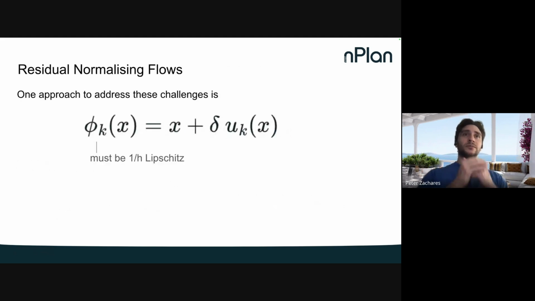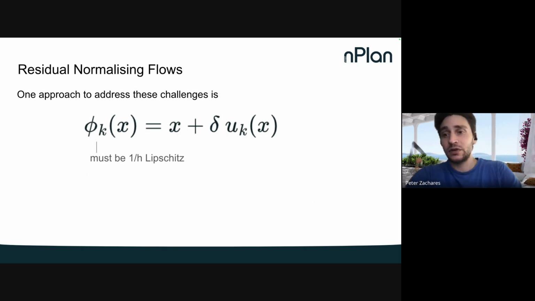So that's where residual normalizing flows come in. This is a way of describing your flow network phi, and it's really simple. It's your input plus some constant times a transformation u of x.